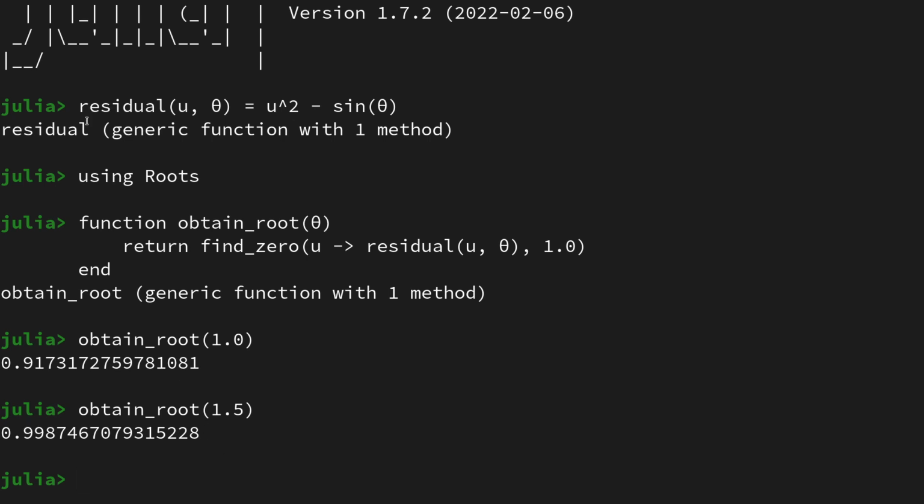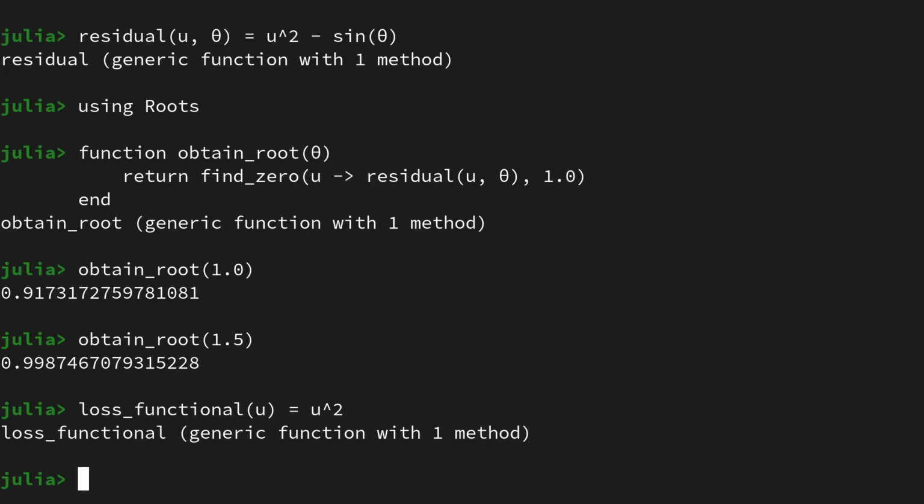The solution to this residual function, or after the root finding algorithm, shall then enter a loss functional. So let's create a loss functional, and I just want to create this in one line. This is a function on u, which shall just be u square. So it's a simple L2 loss against 0.